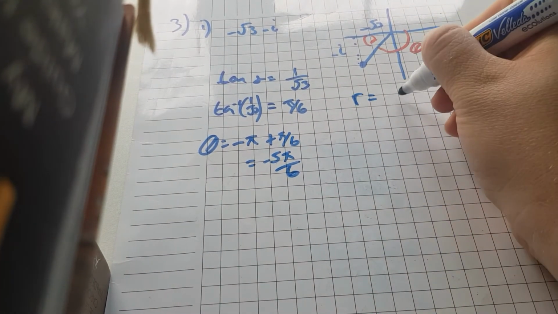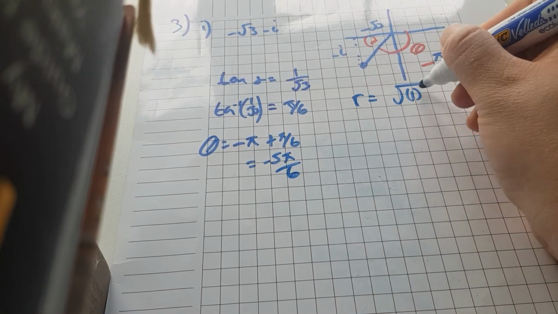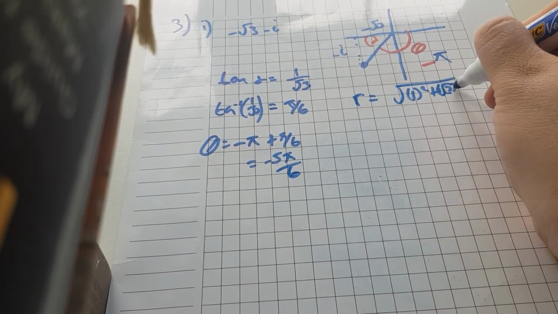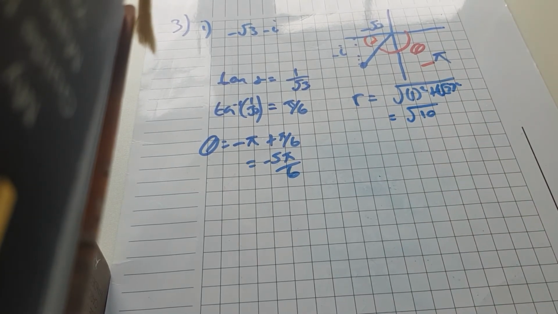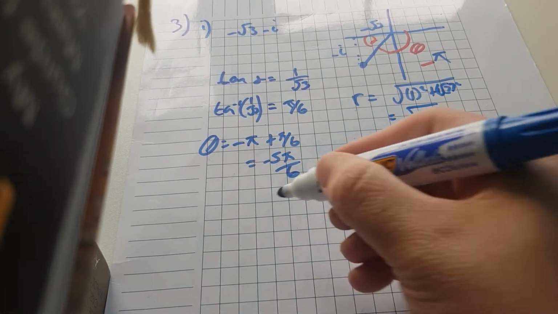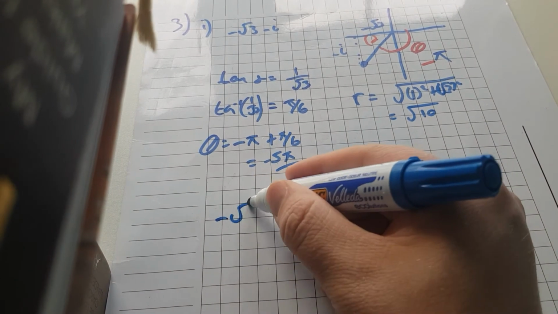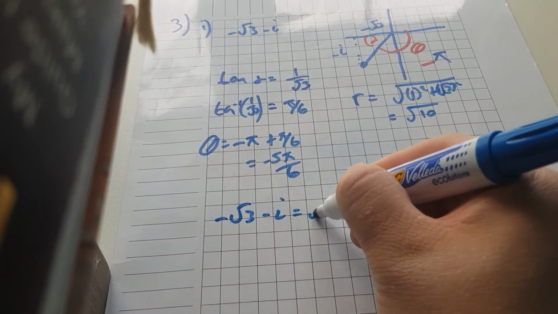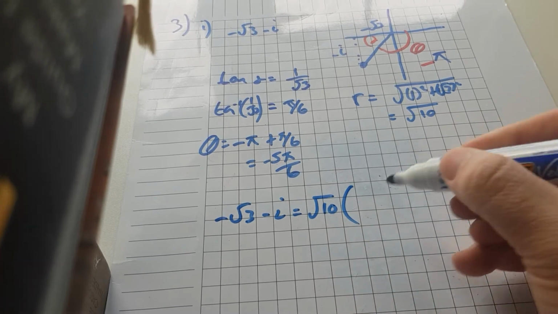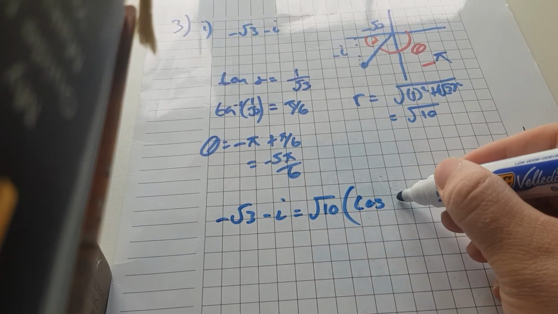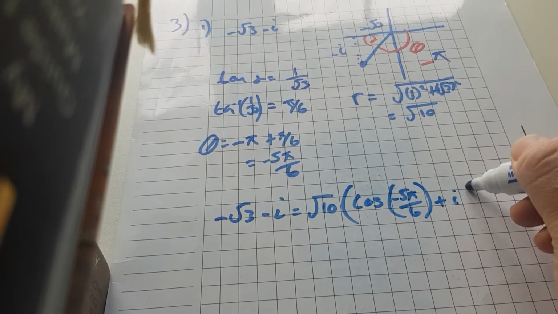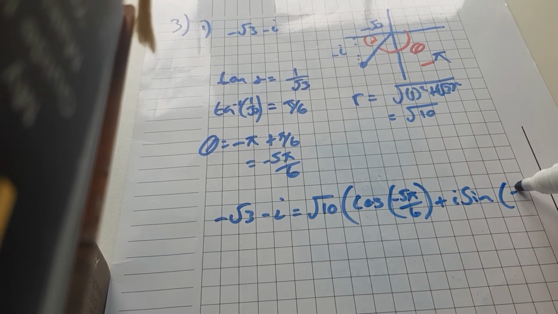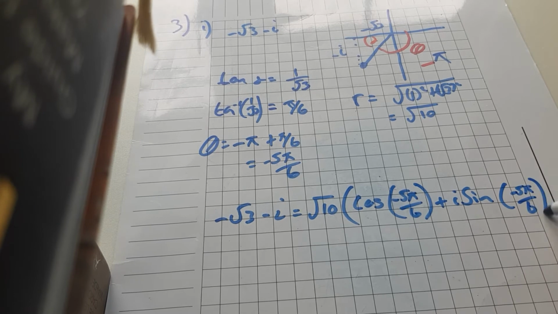My modulus then is the square root of 1 squared plus root 3 squared, which is root 10. Okay, root 10. So then minus root 3 minus i is root 10 times cosine of the argument, minus 5 pi over 6, plus i sine of the argument, which is minus 5 pi over 6.